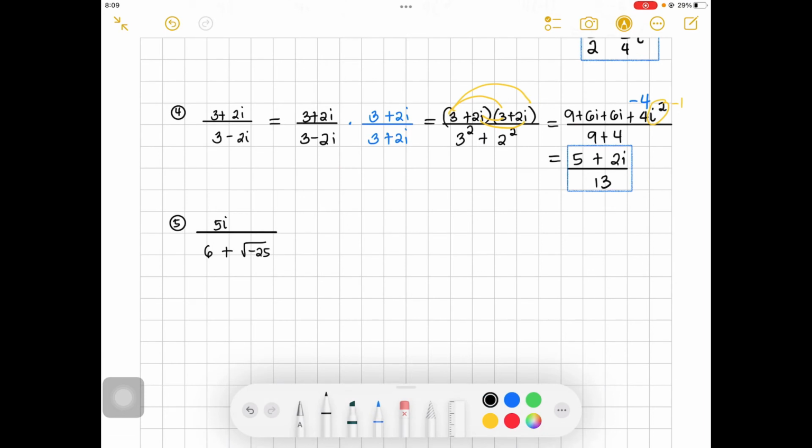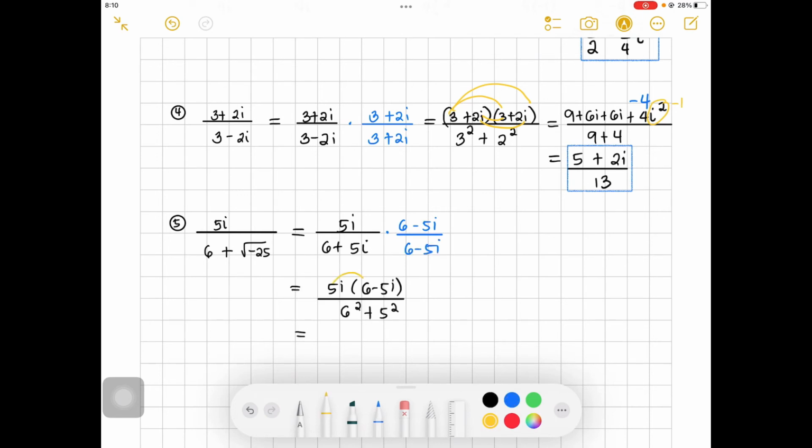5i all over 6 plus square root of negative 25. The denominator is not yet simplified. We simplify it first. Square root of negative 25 is 5i. And we multiply the numerator and the denominator by 6 minus 5i.